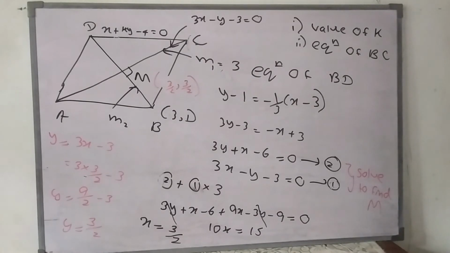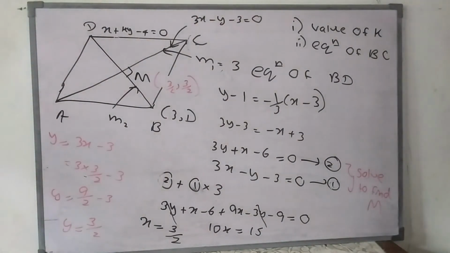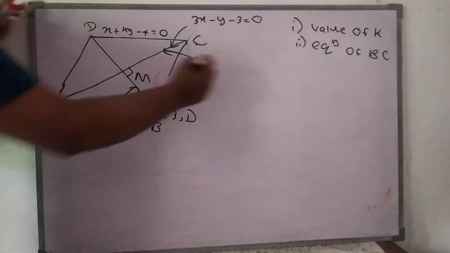Then after, what I am going to do, I am just going to find the coordinates of D, right? The next is finding the D coordinate. Then I am going to find D.